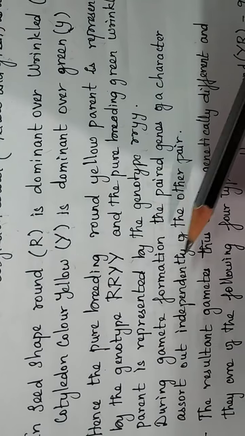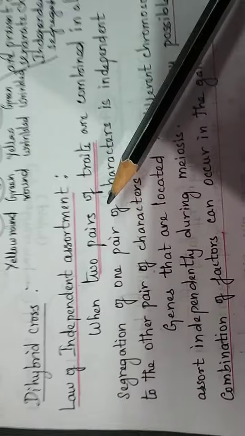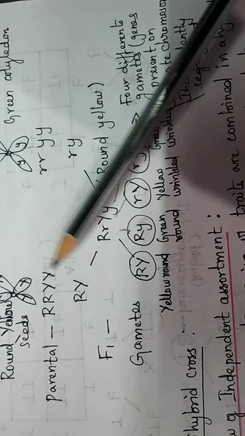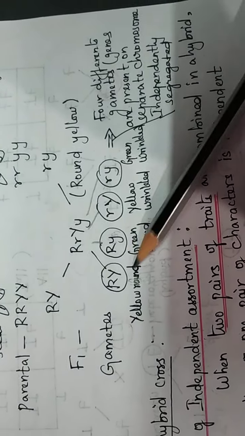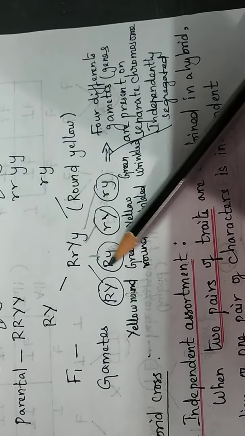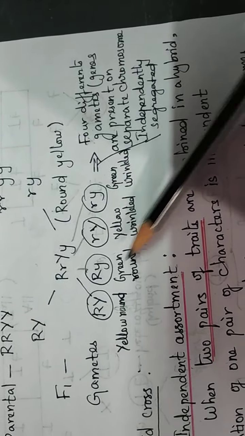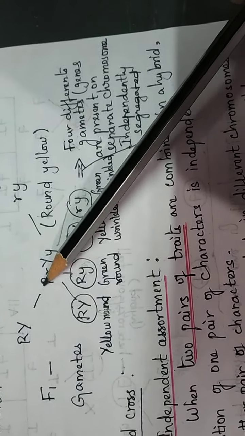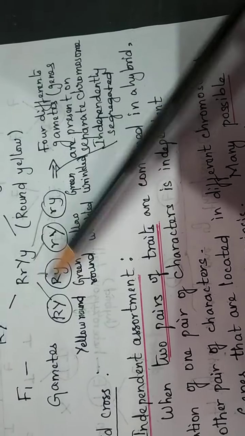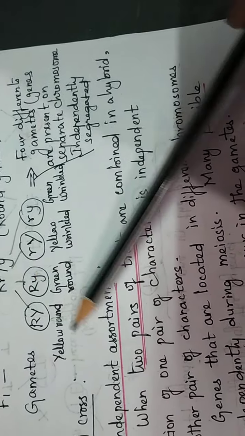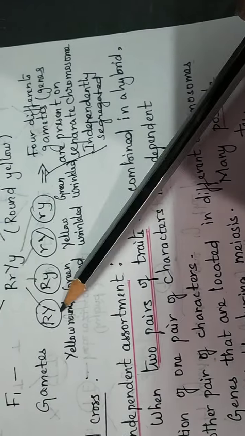One more question: what is the law of independent assortment? The F1 hybrid forms four types of gametes, capital R capital Y, small r small y, and so on. These gametes are present on separate chromosomes and are independently segregated during meiosis, not dependent on other gametes.